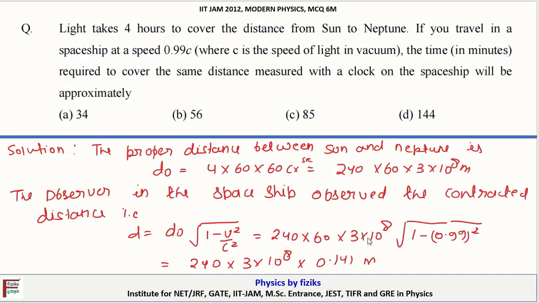Here there is one term of 60 which I missed, so I will write it again, into 60 meter.